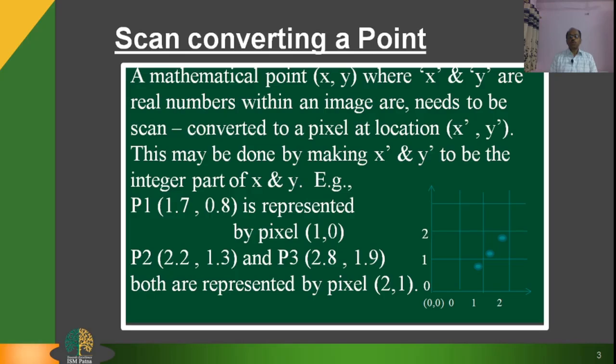So, you may see that although it is away from the previous P1, both are handled in the same way by dropping their fractional part. In this way, the points are scan converted.